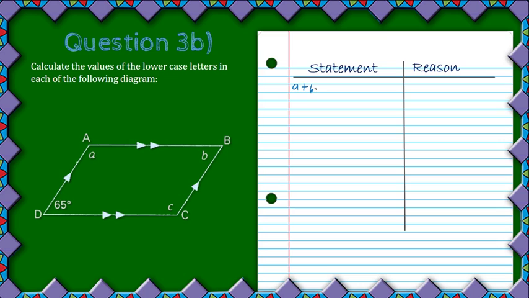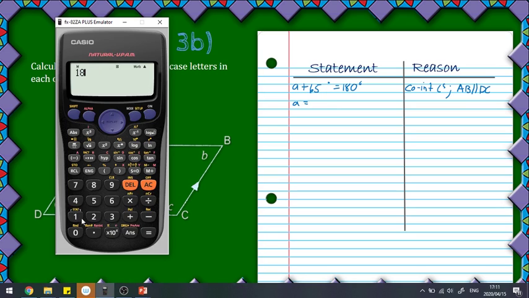So A plus 65 is equal to 180 degrees. And the reason is co-interior angles. And the lines that are parallel are AB being parallel to DC. So A, therefore, is equal to 180 minus 65, and that gives me 115 degrees.